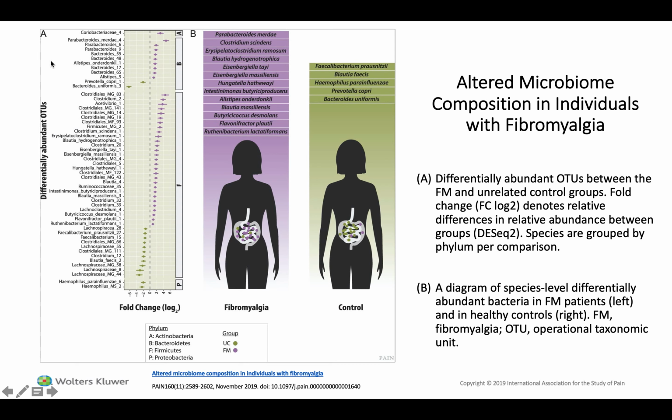And again, this I think comes from the last PowerPoint presentation. They have been able to measure, I think through DNA testing, the types of species of bacteria that are in individuals that have fibromyalgia and those that are healthy, the controls. And the one that has fibromyalgia is the diagram there in the purple block.